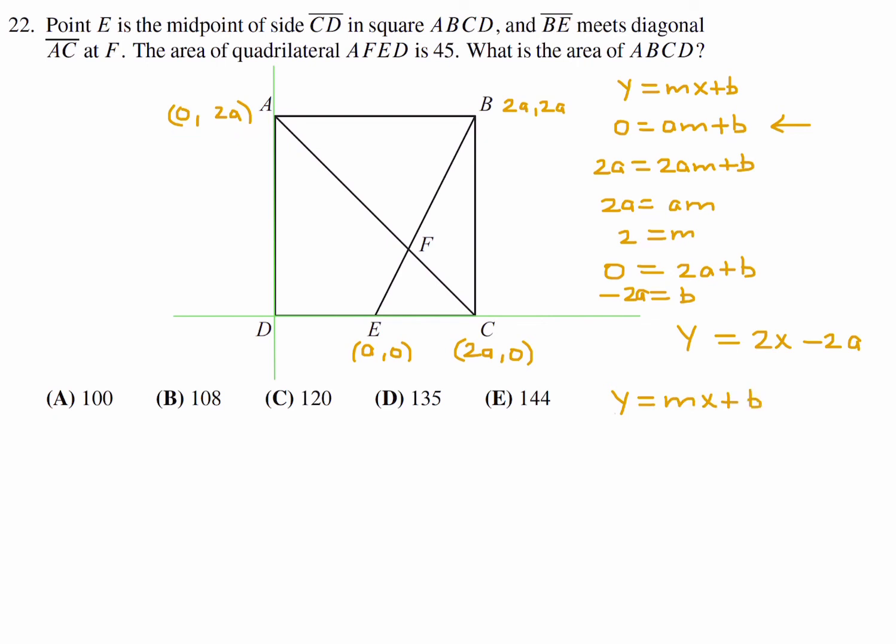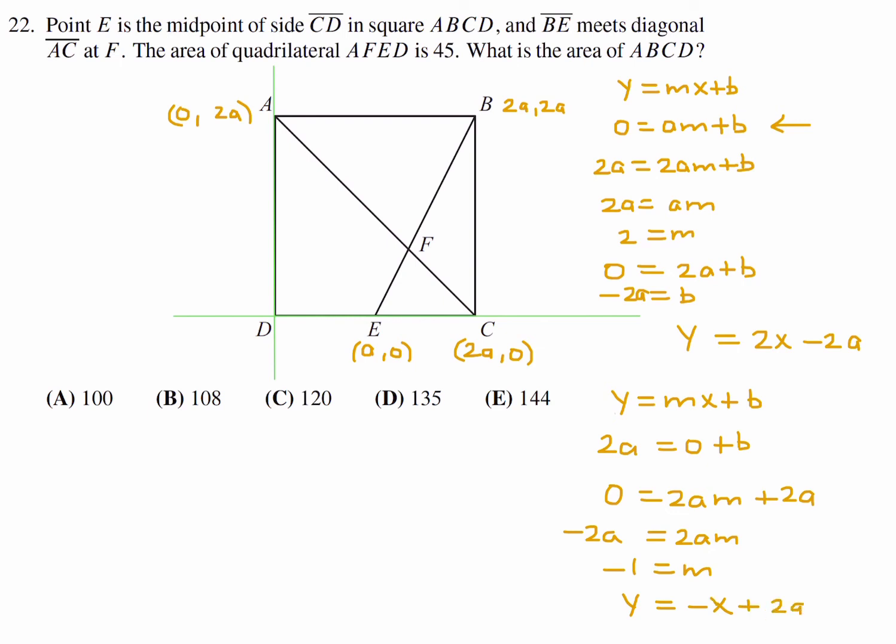So when x is 0, y is 2a. Therefore, b is 2a. And then we substitute in the other point, this one. When y is 0, x is 2a. And then b we know is 2a. So solving for this, we get minus 2a is 2am, therefore m is negative 1. So that equation is y equals negative x plus 2a.